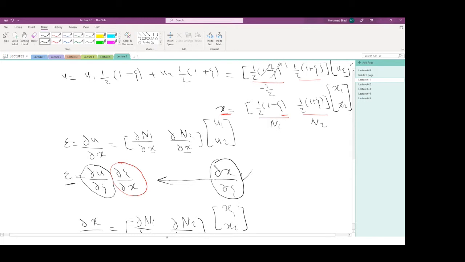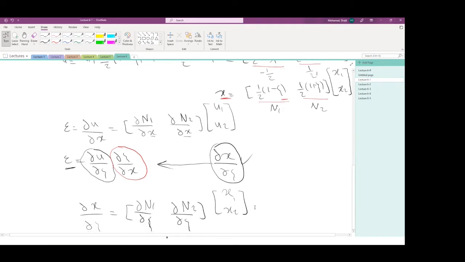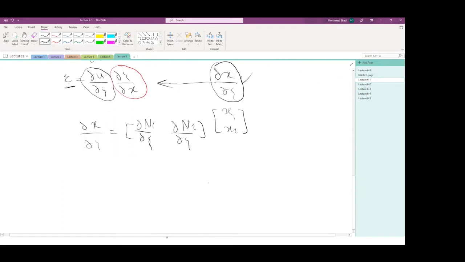So this is going to be minus half. And if you look into the second one, this will go to 1 and this will go to 0. So I will have plus half. So the derivative here is simply minus half and half multiplied by x1 and x2.